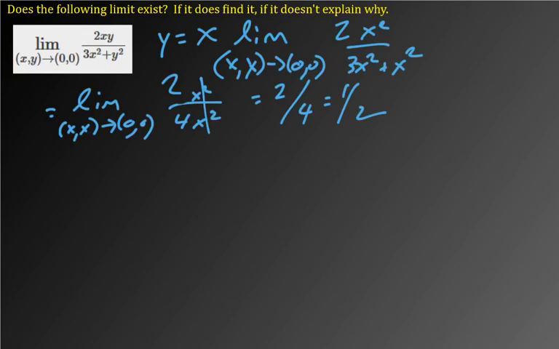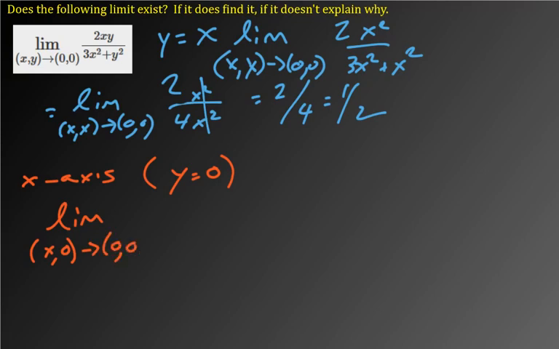Another one I'm seeing right now is if I come in on the x-axis. The x-axis is where you just have y equals 0. Then you would have this limit problem. So instead of x, y, you're going to have x, 0 approaching 0, 0.